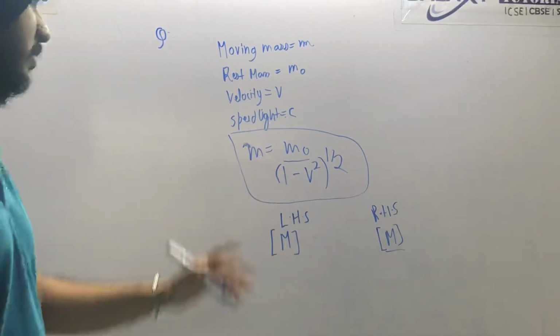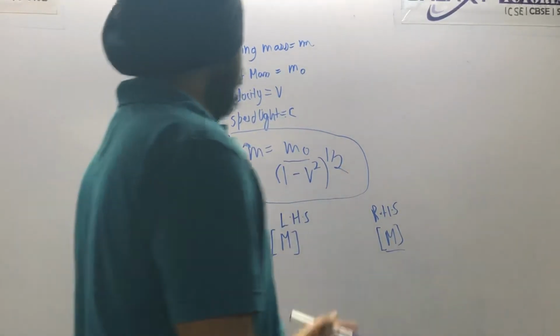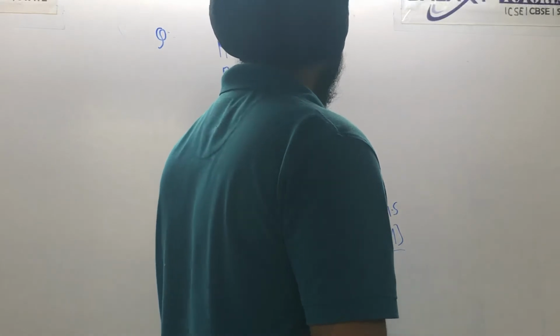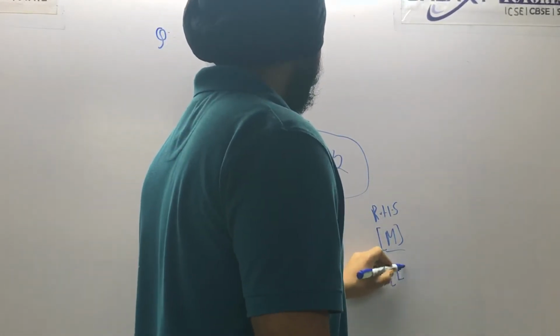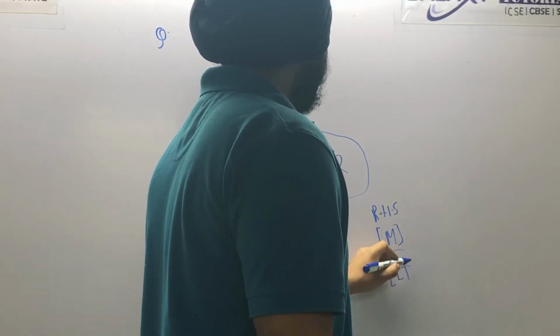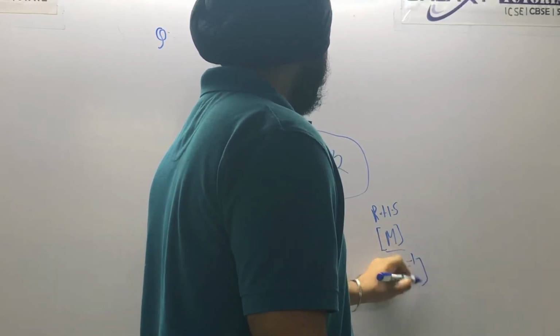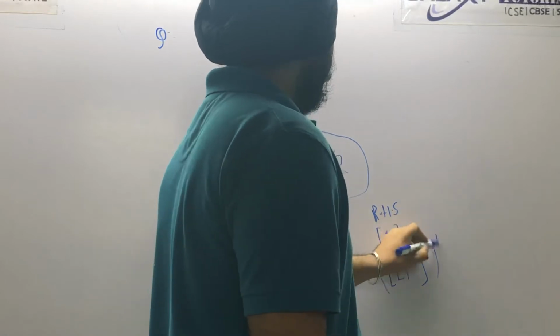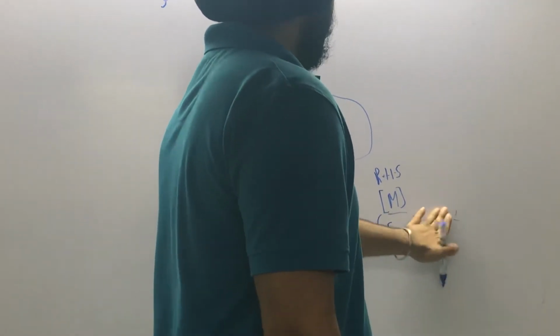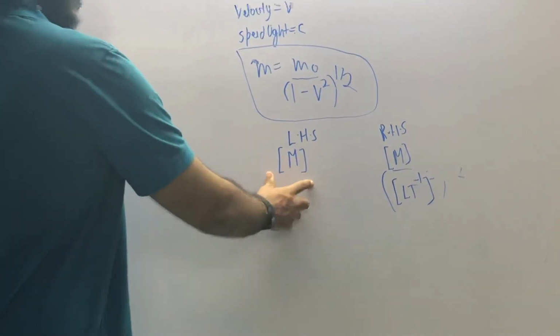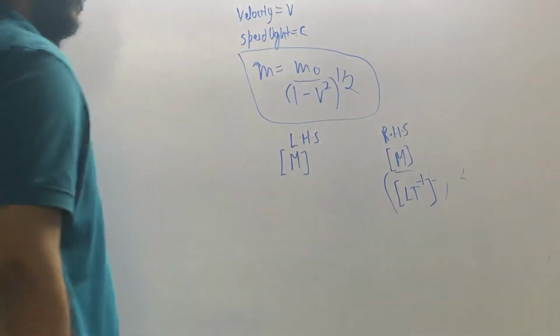This 1 is a constant, so no need to worry about that right now. V square is LT raised to the power -1 whole square, half. In other words, this will come out to be LT minus 1. So you see, LHS is m and RHS is m upon LT minus 1.